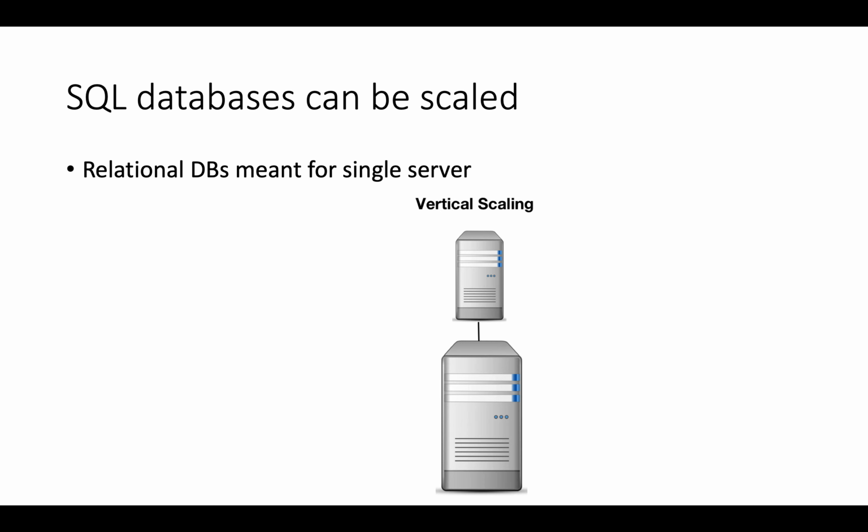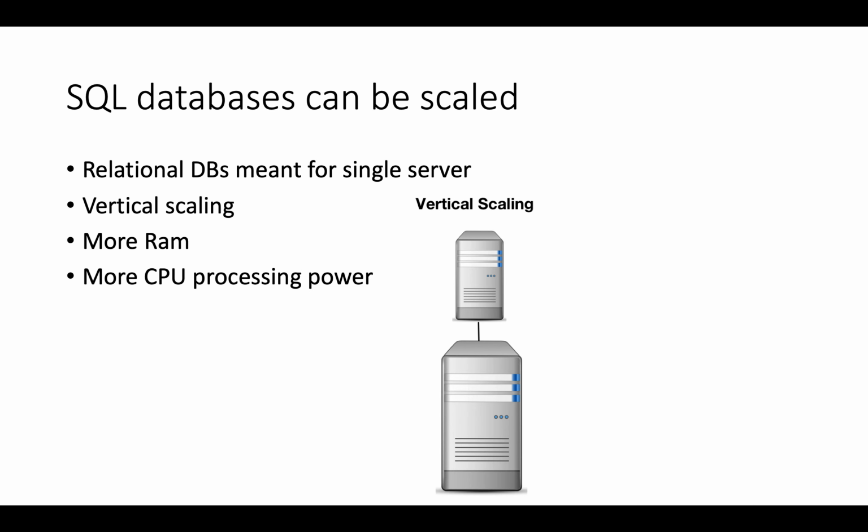So to scale it, to have more memory or more concurrent users, you need to upgrade the server. This is called vertical scaling. You either have more RAM or more CPU or processing power, or most likely all of the above if you're going to upgrade.